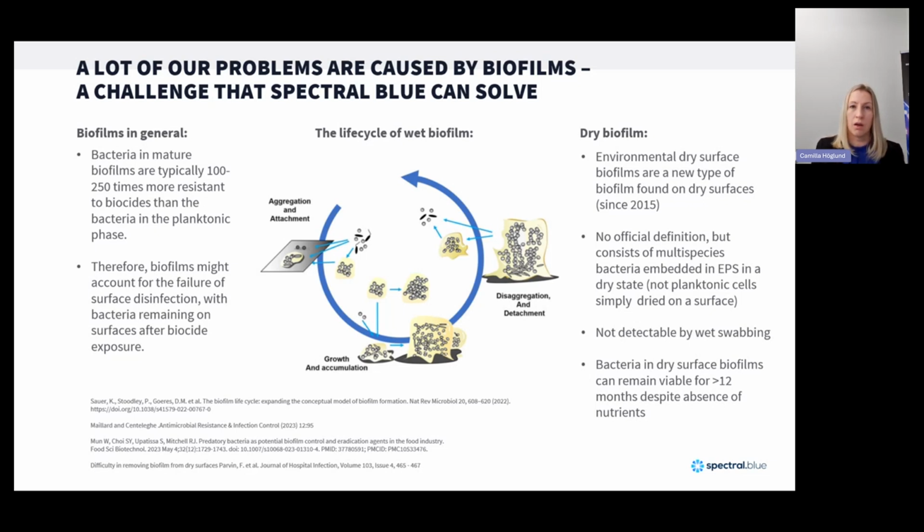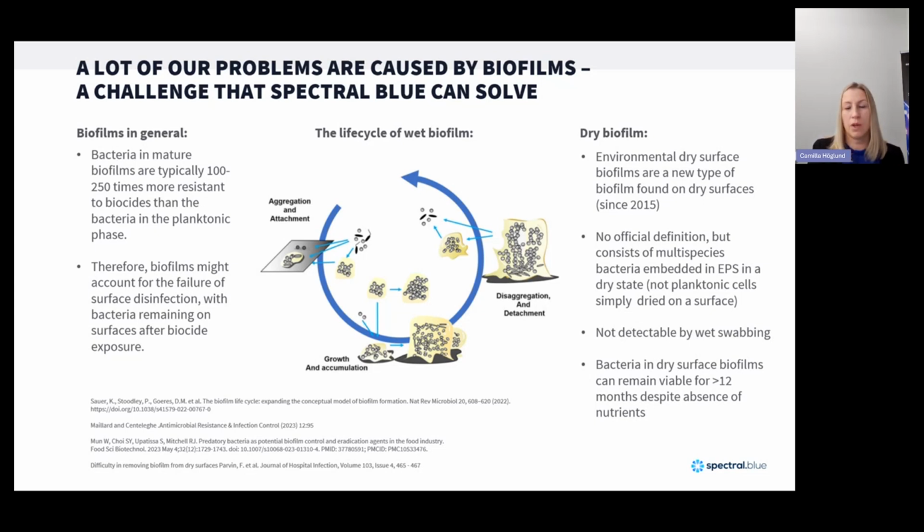And there are still many unknowns with the dry biofilm, but what we know with biofilms in general is that some organisms have more tendency to form biofilm, and when they are forming communities within the biofilm, they are usually much more resistant to biocides.